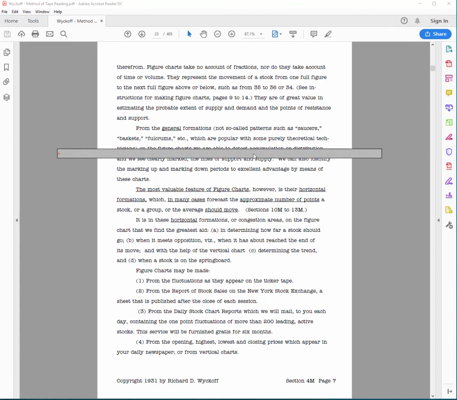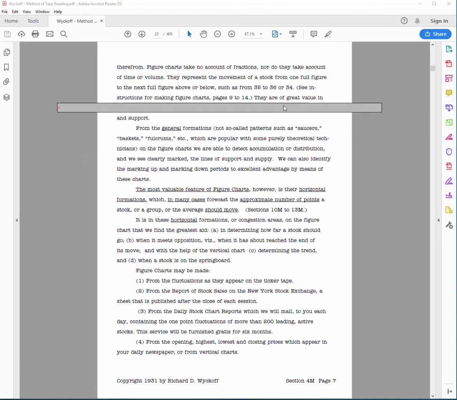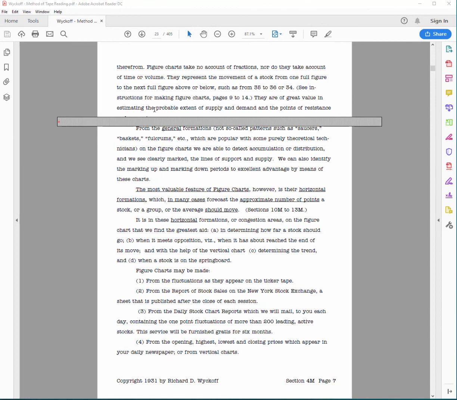But before we go there, figure charts are of great value in estimating the probable extent of supply and demand and points of support and resistance. These are the two things. One, cause and effect, meaning the line of supply, the forecast, and the points of support and resistance. Those are basically two things I use it for too.